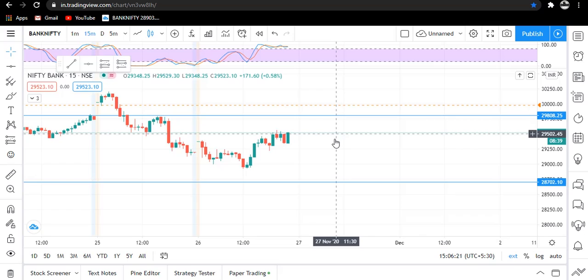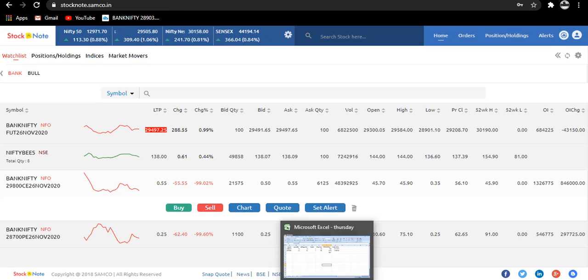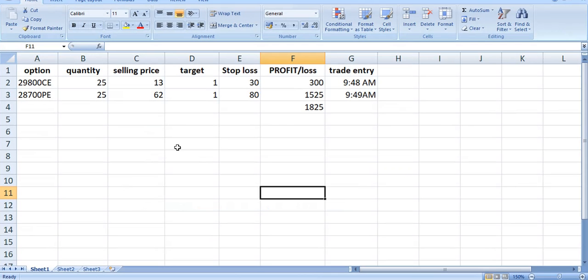So now let us come on to the options. This is my account in Samco, it's opening. Here you can see traders, both of the options, the 29,800 call and the 28,700 put, are now trading at 0.55 and 0.25 paise, and our target has been hit. And our stop loss was not triggered in either of these options.